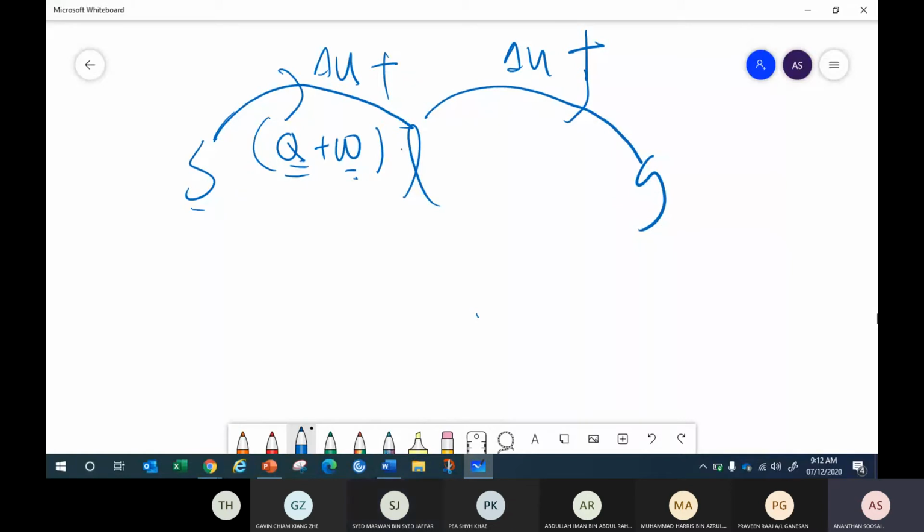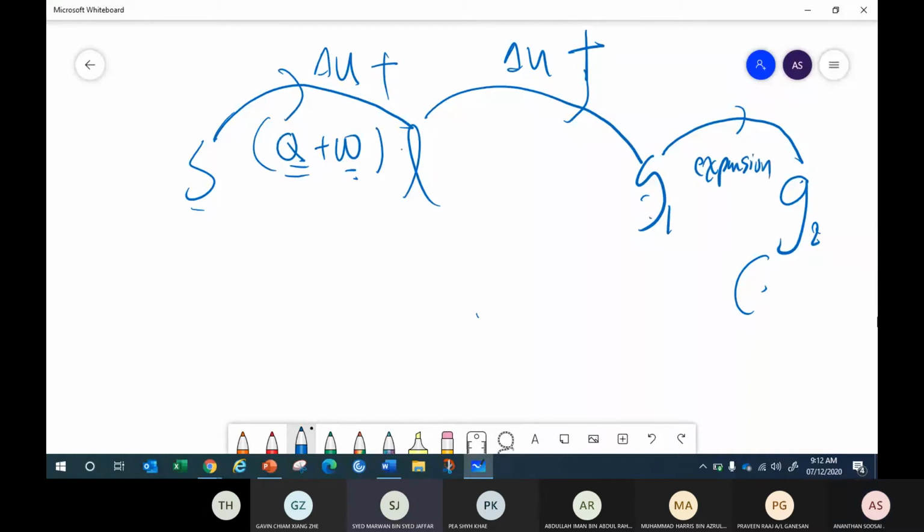Now the question is, I want to tell the gas, I go to another state. I won't say another state, it's gas again. But this gas is gas 1, gas 2, expansion. Gas has been expanded.